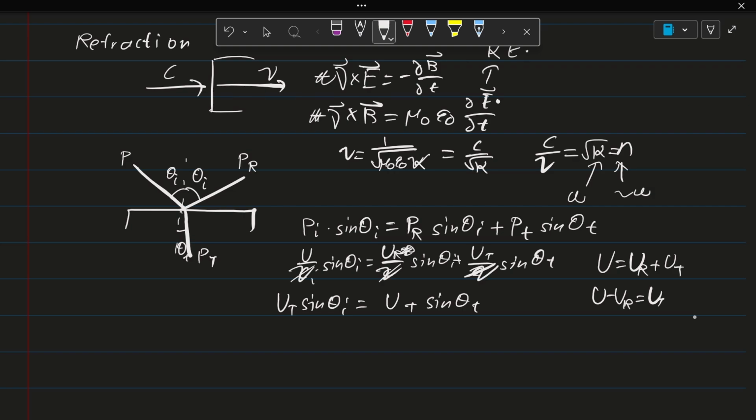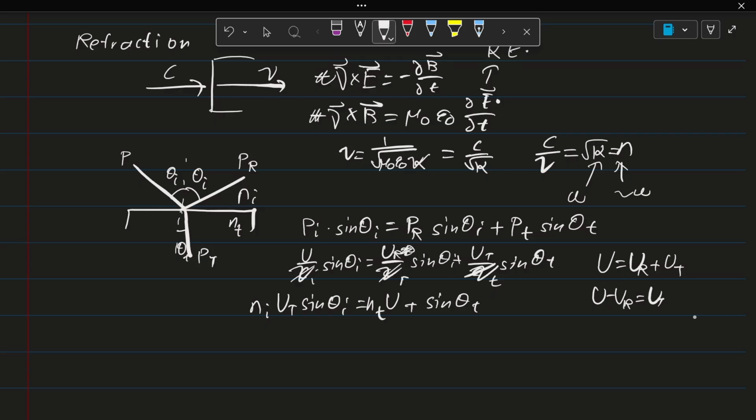Sorry, my bad. This is not exactly c, but instead these are velocities. So this is the velocity of the incident, this is the velocity of the reflected, this is the velocity of the transmitted. Now, let's say this material has this n_i and this n_t. If we multiply everything by c, we could get the n incident and the n transmitted. So it's still fine.